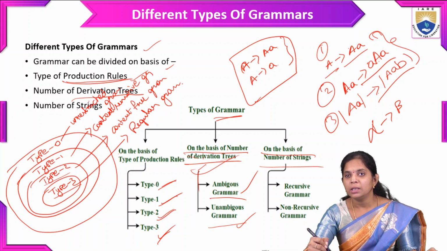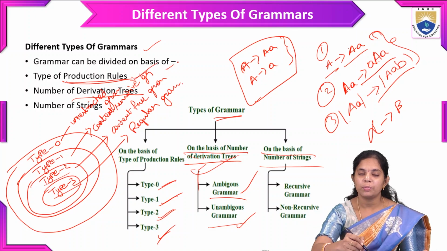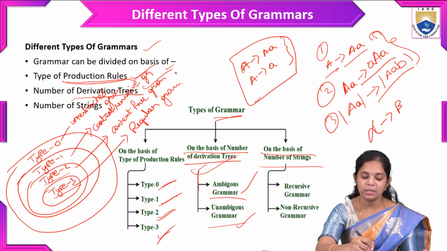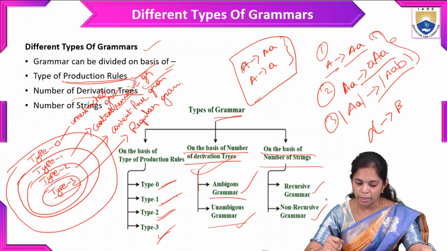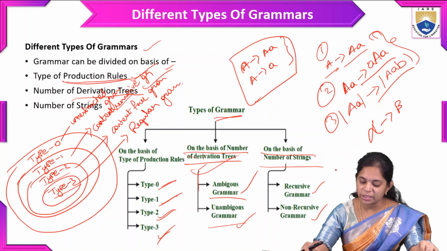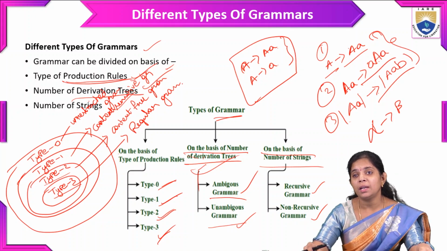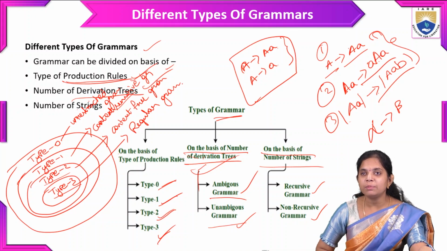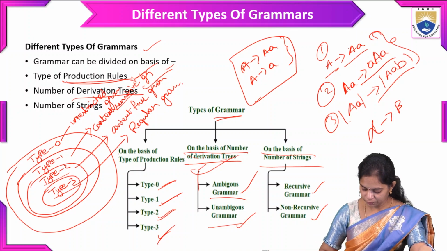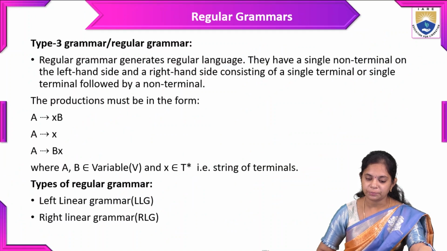So first is based on the production rules, second is the derivation tree, and third is the number of strings. Based on the number of strings we have recursive and non-recursive grammar, that is, restricted and unrestricted grammar. So these are the different types of grammars we have in the theory of computation.